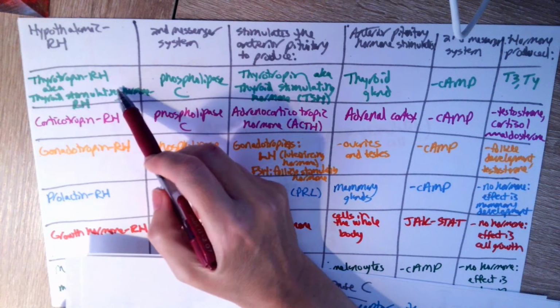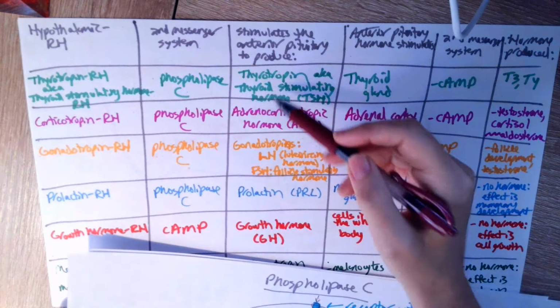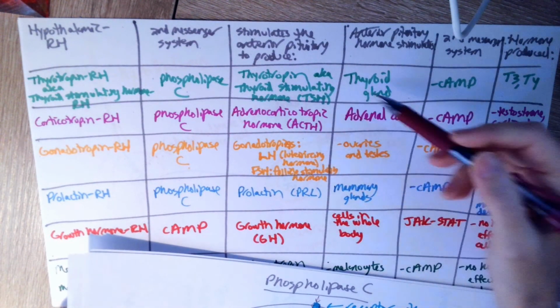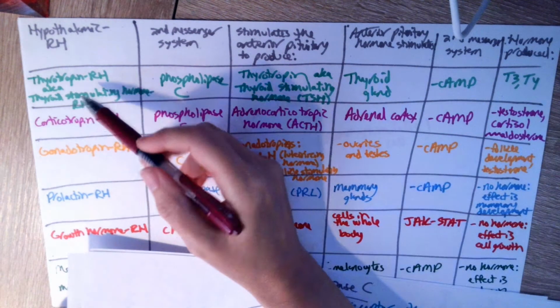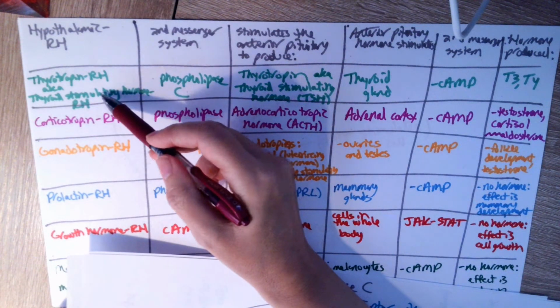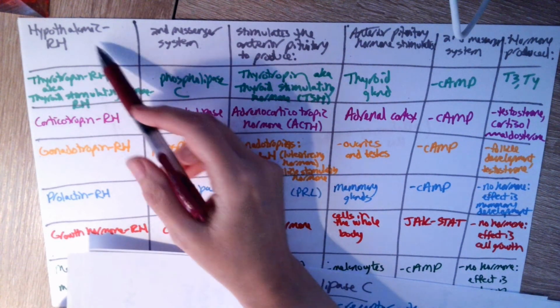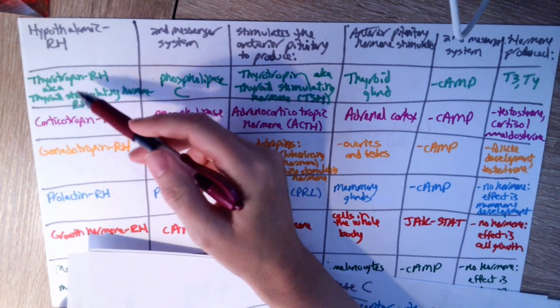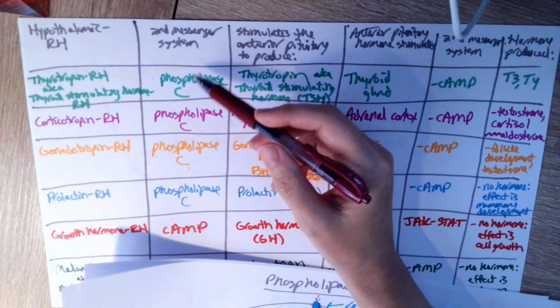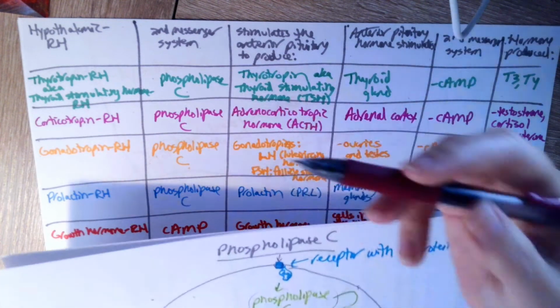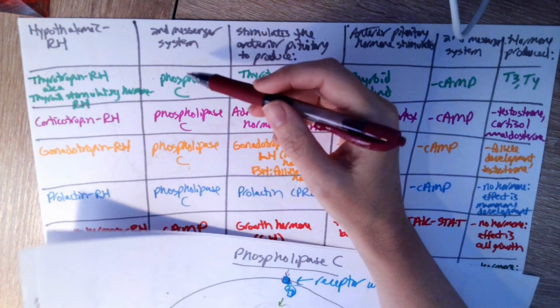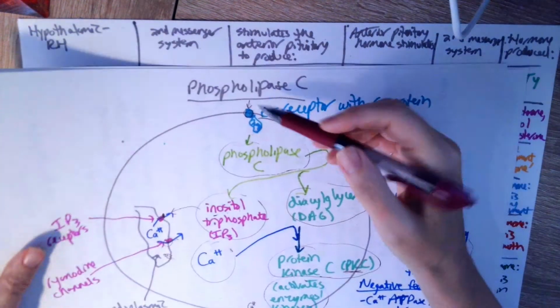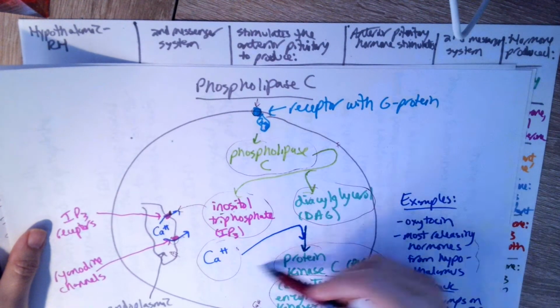Thyroid stimulating hormone is eventually going to be the anterior pituitary hormone that goes and stimulates the thyroid. But first we need to cause the production of thyroid stimulating hormone. So the hypothalamus makes thyroid stimulating hormone releasing hormone. That goes down through the hypophyseal portal system, through the infundibulum, gets into the anterior pituitary. Let's say this is an anterior pituitary cell.